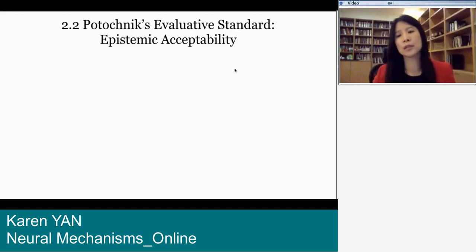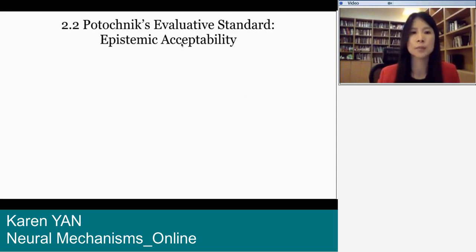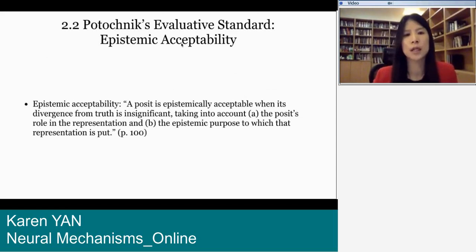And Potochnik actually does exactly that. She proposed an epistemic standard called epistemic acceptability to do this job. So according to her, a posit is epistemically acceptable when its deviation from truth is insignificant, taking into account A, the posit's role in representation.